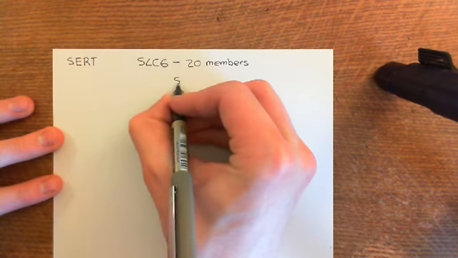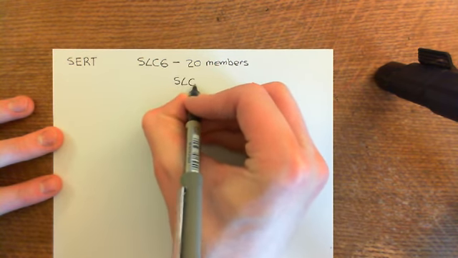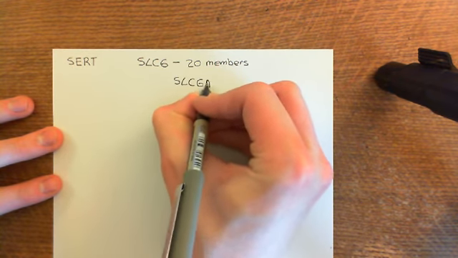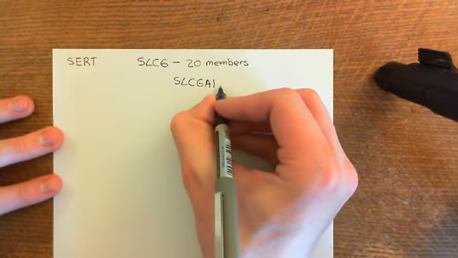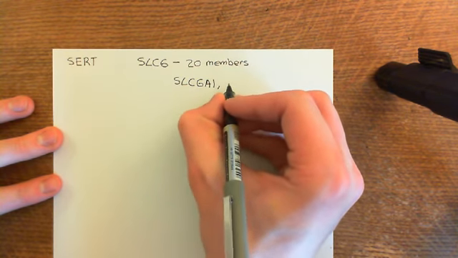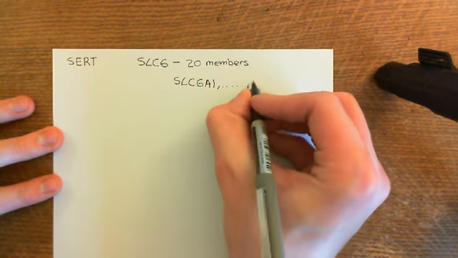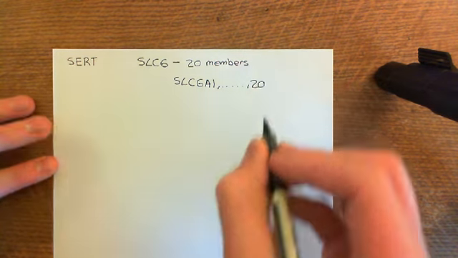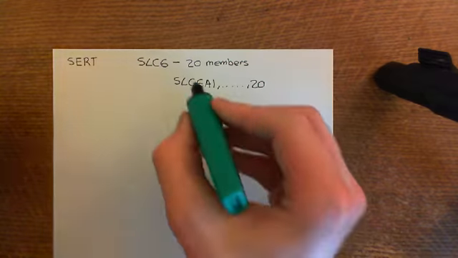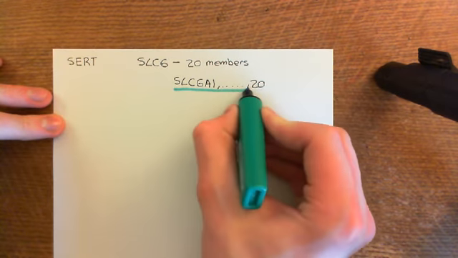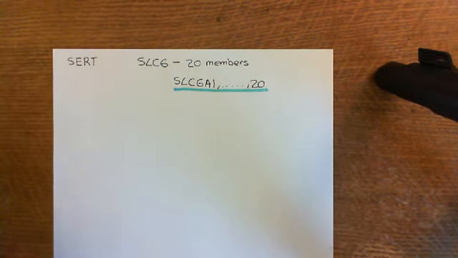These 20 members are called SLC6A1, SLC6A2, SLC6A3, SLC6A4, all the way up to SLC6A20. So it's a nice, simple naming system for the SLC6 family members.